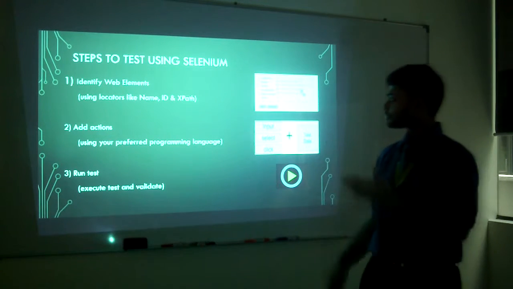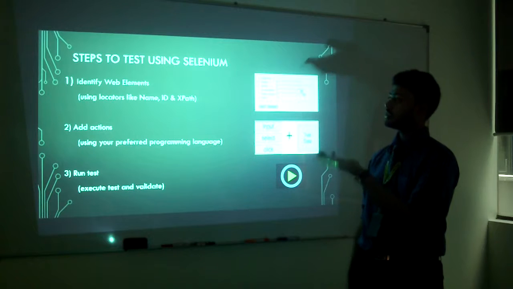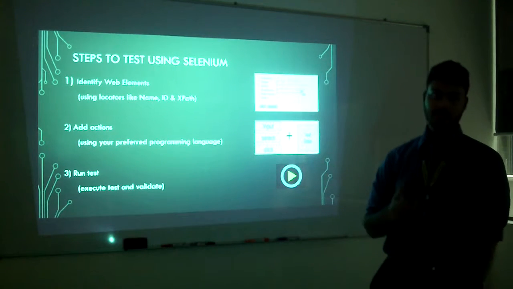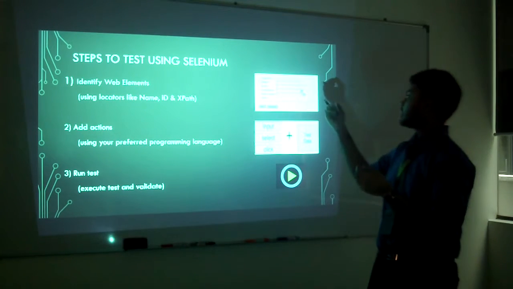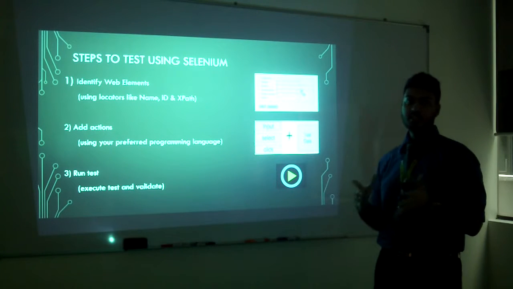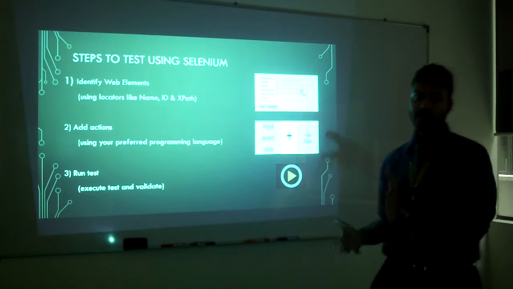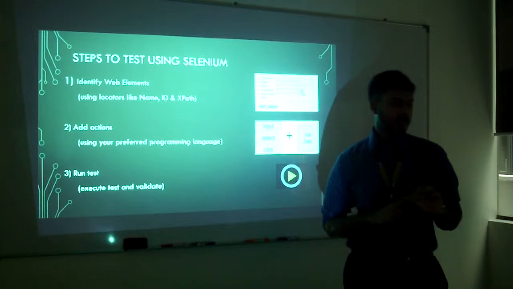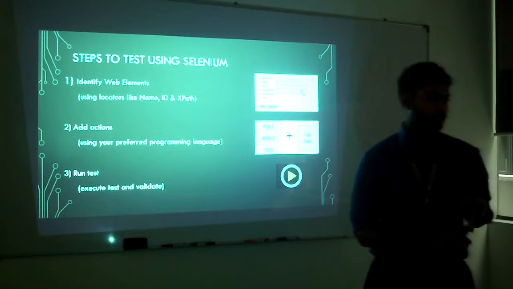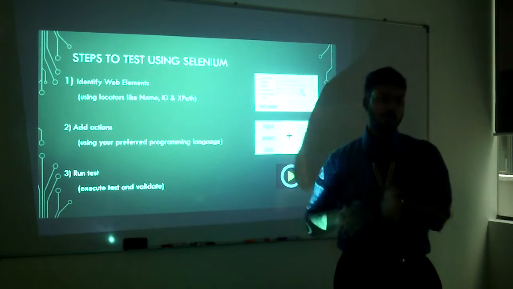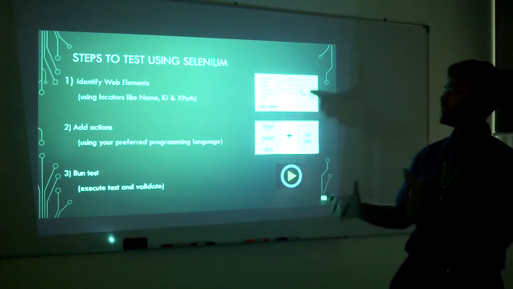On a higher level, the steps to use Selenium are, firstly, we need to identify web elements. These are the things that we want to automate, like input box, radio button, text box. These are known as web elements.